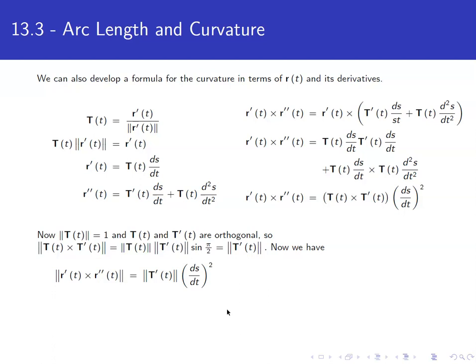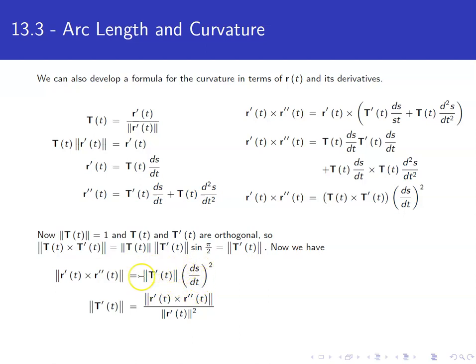So, going back to this line, taking the magnitude of both sides, we would have the magnitude of the cross product of r prime and r double prime is equal to the magnitude of T prime times the square of ds/dt. ds/dt, again, we can rewrite as the magnitude of r prime.